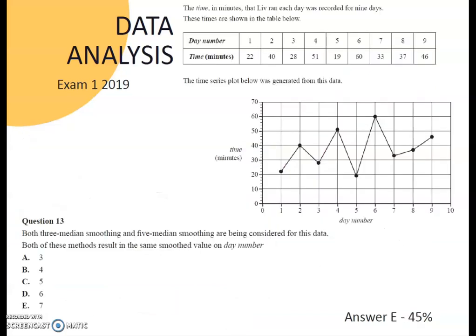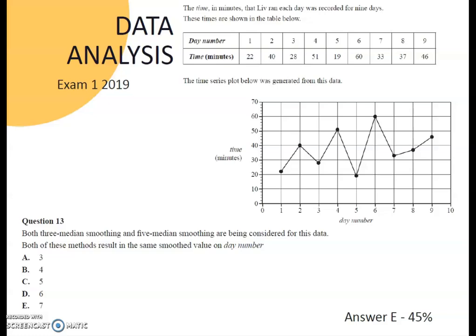The next question we're looking at, question 13, is more of a time factor. If we look at this, we've been given some time series data, and then we're told both the 3 median smoothing and the 5 median smoothing are being considered. For both of these methods to result in the same smoothed value on which day? It comes down to a case of, do you have time to work this out?